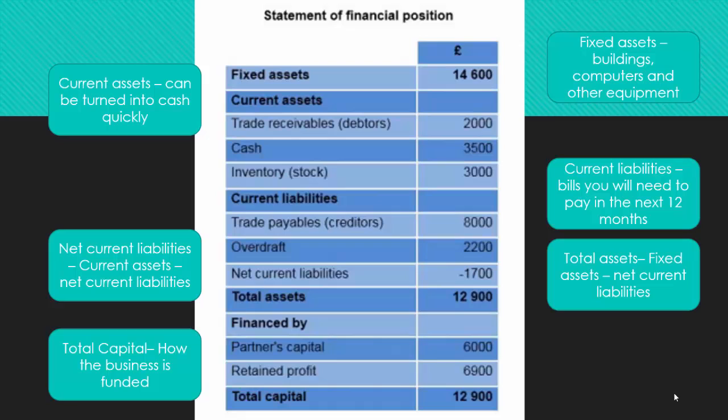The next thing is your current assets. These are the things that you could turn quite quickly into cash. Again, probably thinking within a sort of 12-month window. So the things that you expect to be able to turn into cash within the next 12 months. If we have a look on our list here, it's got trade receivables or debtors. These are people who owe you money.